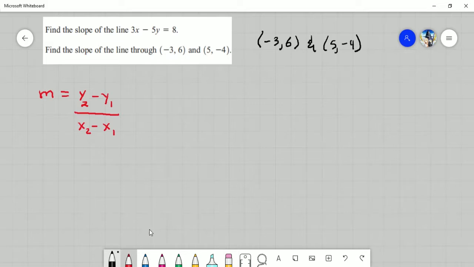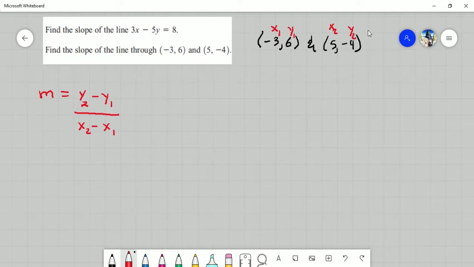So with labeling, our first point, -3, 6, is our x1 and y1. Then our second point, the 5, will be the x2, and the -4 is the y2.